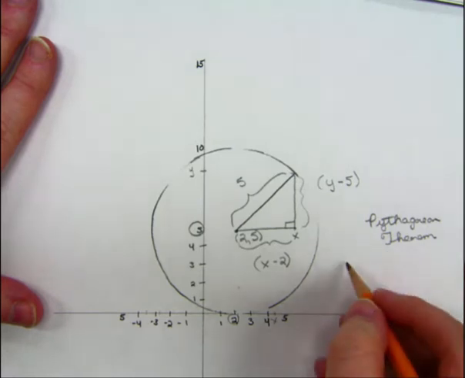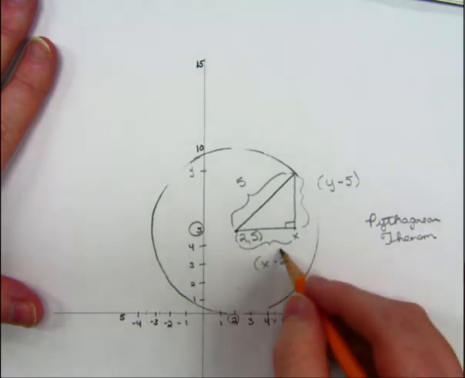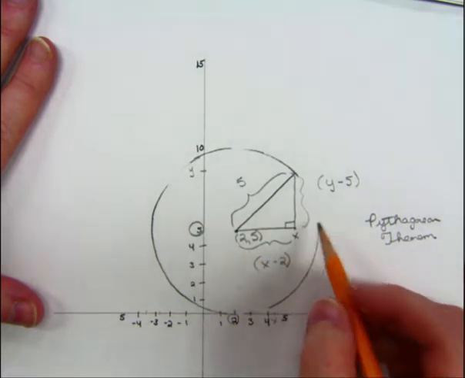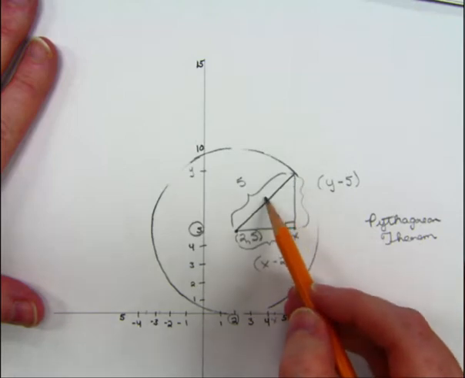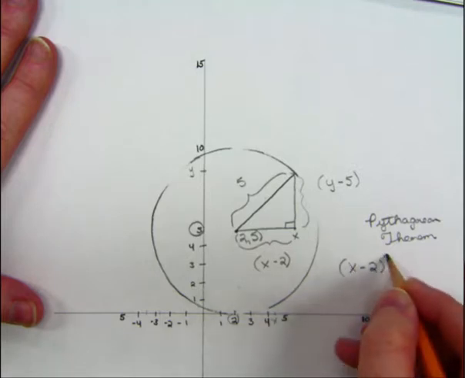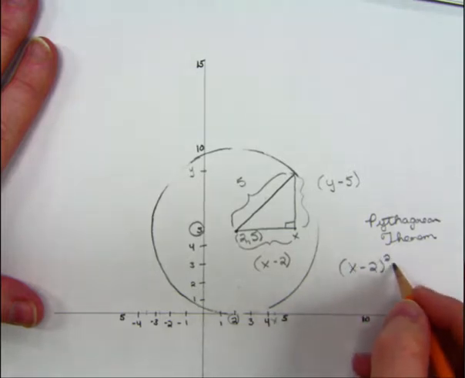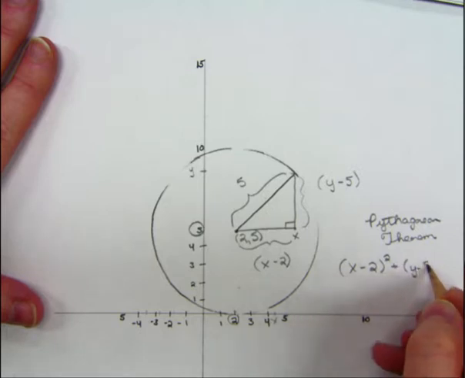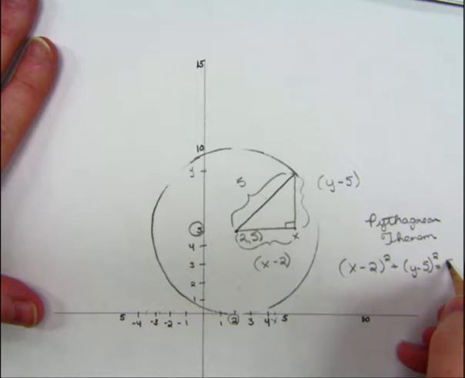Okay, that'll say that one side squared plus the other side squared equals the hypotenuse squared. So plugging that in here, we have x minus 2 squared plus y minus 5 squared equals 5 squared.